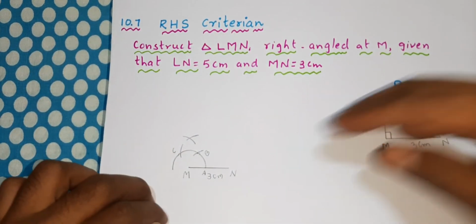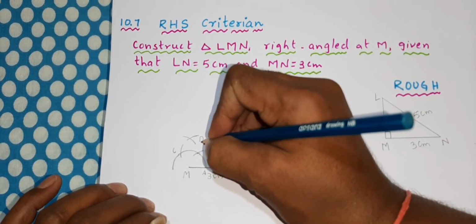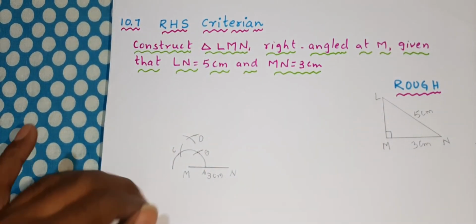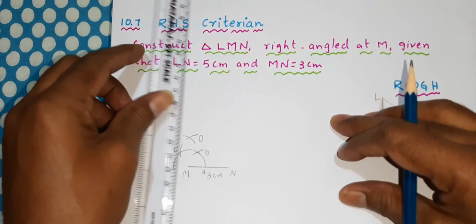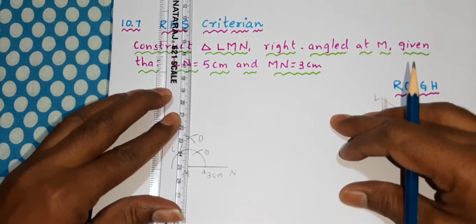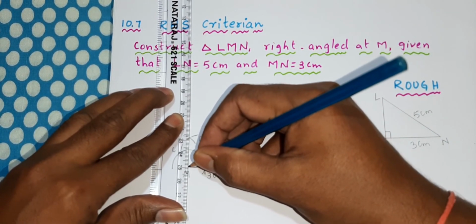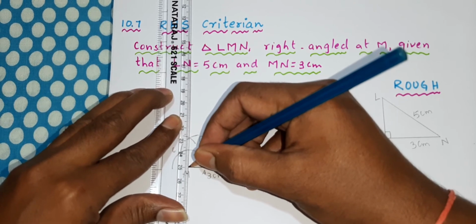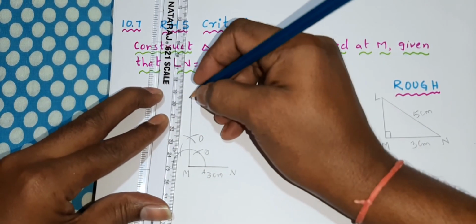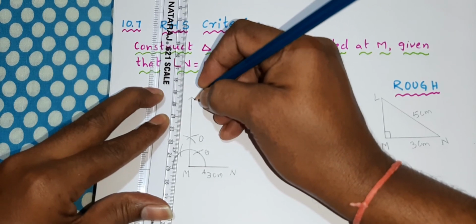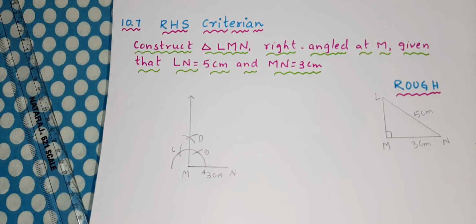Let us take one point, that is point D here. Now you just extend that line with M, which is passing through D here. Right, children? This is a ray. That is, MD is a ray.